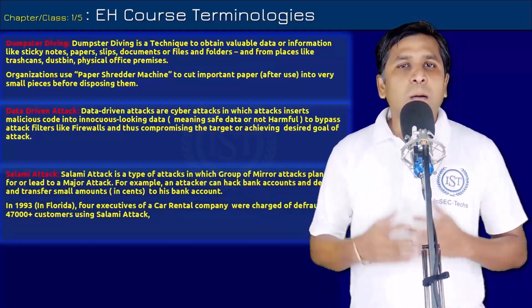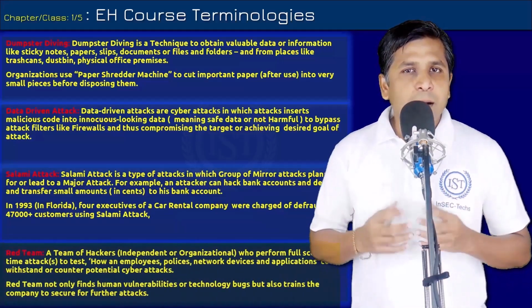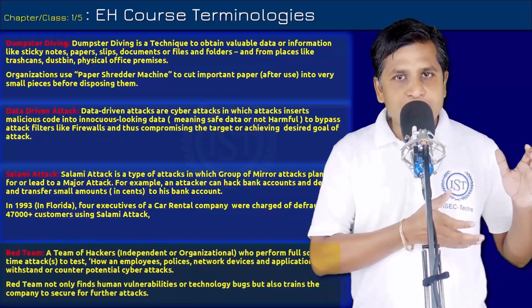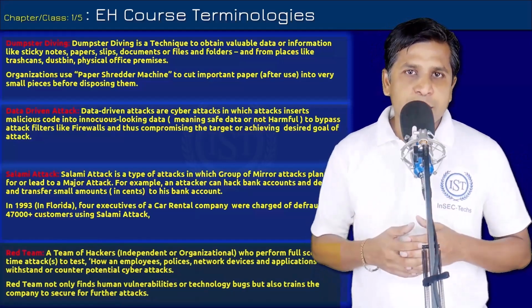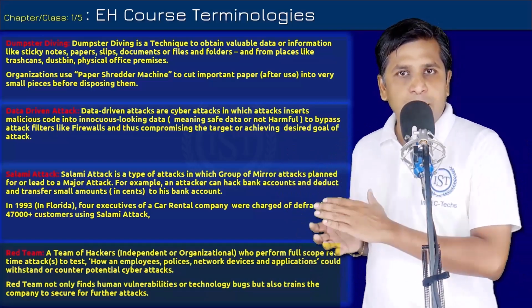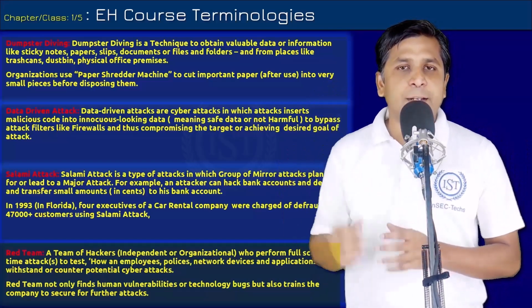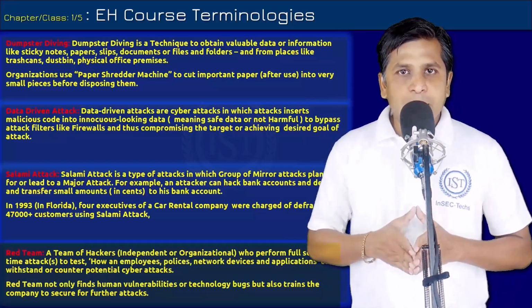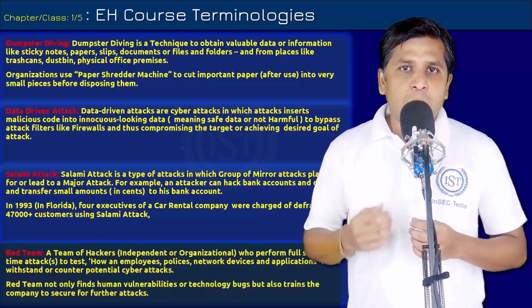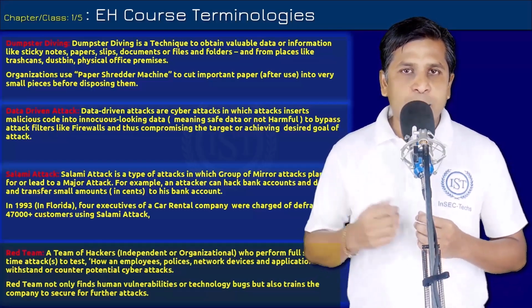Now, a red team. What is a red team? A red team is a group of freelance individuals or a part of an organization who conduct full scope penetration testing, right from the physical level to the application level. This team conducts penetration testing on humans, to find out how vulnerable the employees of that organization are.